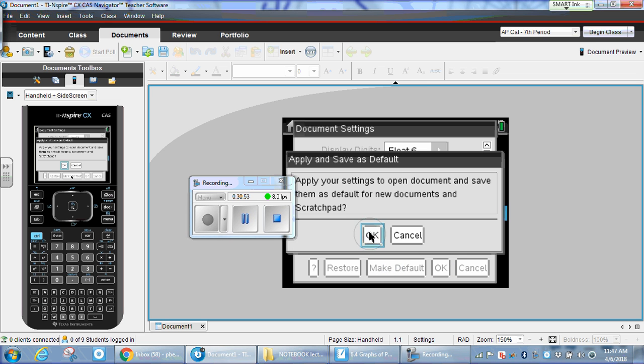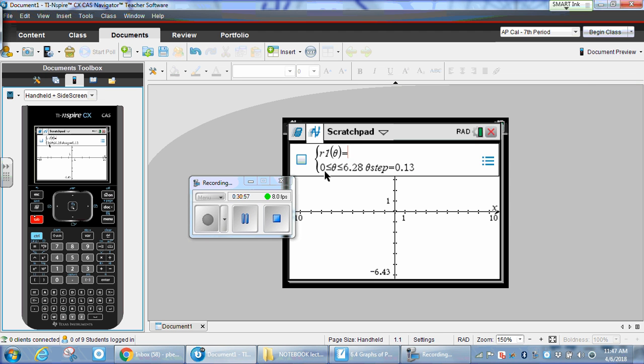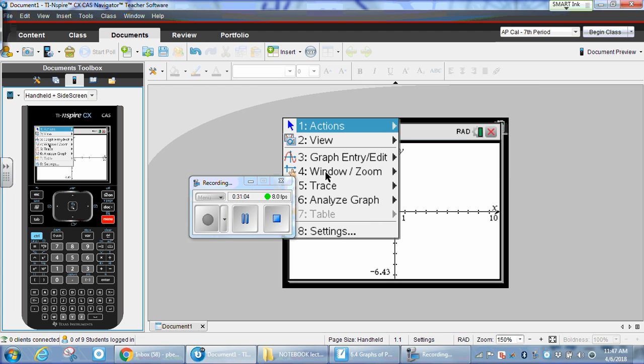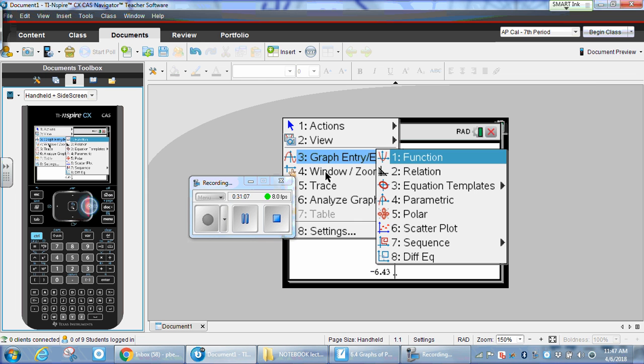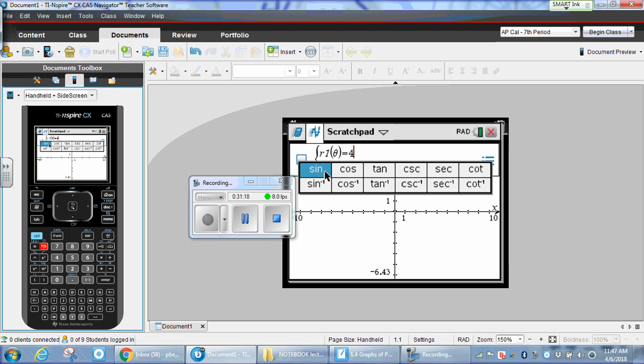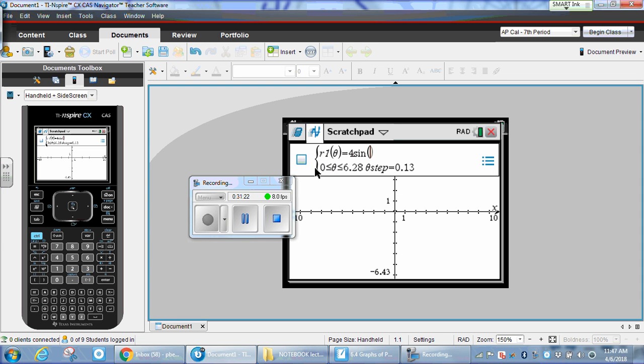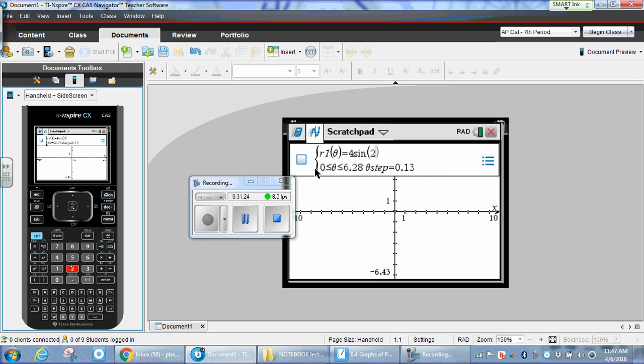Then we go back to graph, press tab, and if it's not in polar form, go to menu, then graph entry, and then polar. Okay, and then for that part, we're going to enter 4 sine of 2 theta.